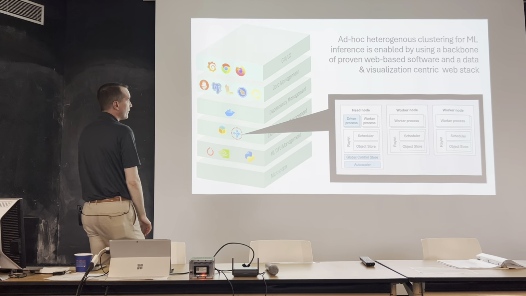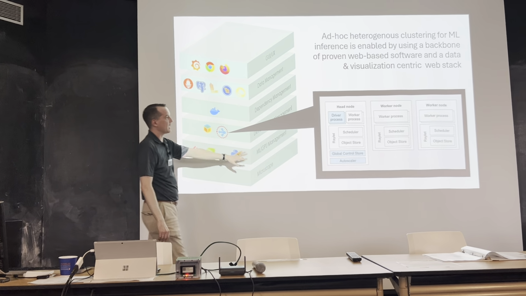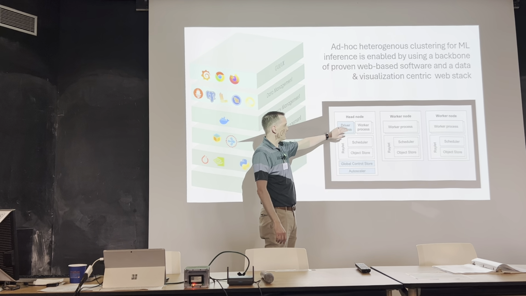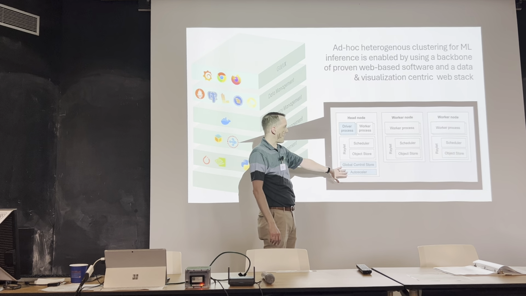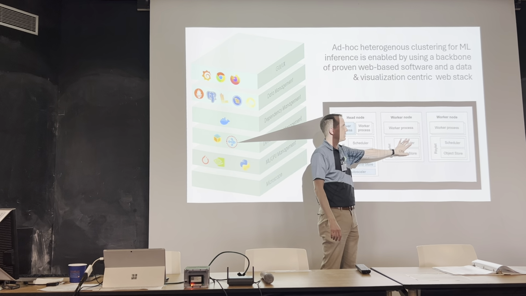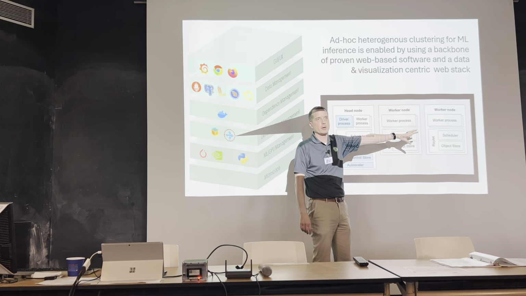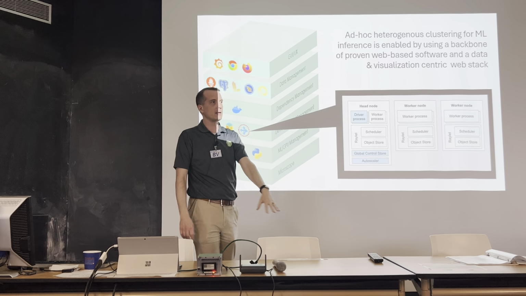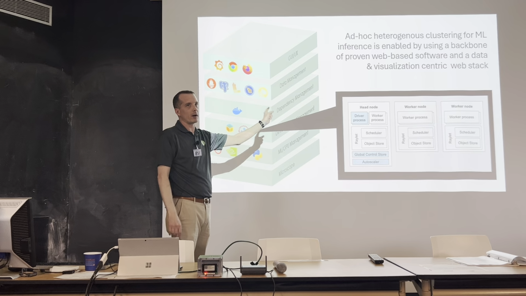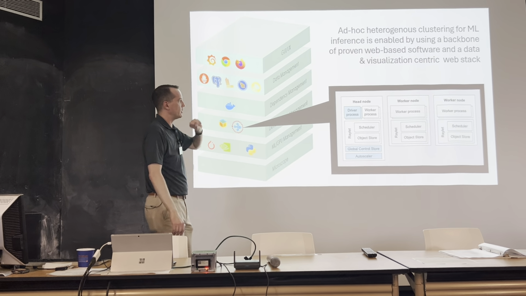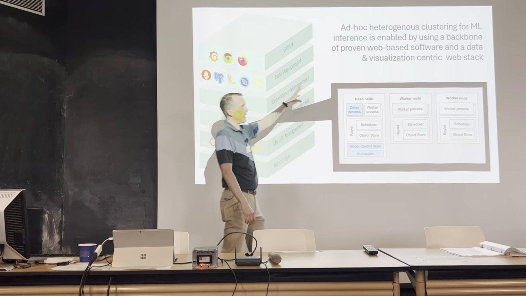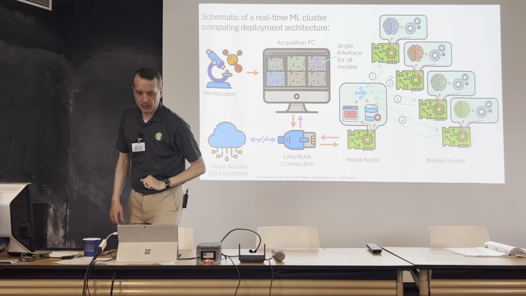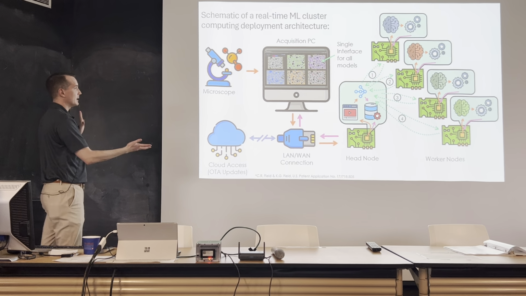That's where we have Ray, which has an architecture with a head node, worker processes, a scheduler, and an auto scaler that automatically dispenses the jobs to the different worker nodes. Each node or device in our ad hoc cluster becomes a worker node, and only one of them has to be the head node. The head node will acquire that one image and then dispense it to the various worker nodes.